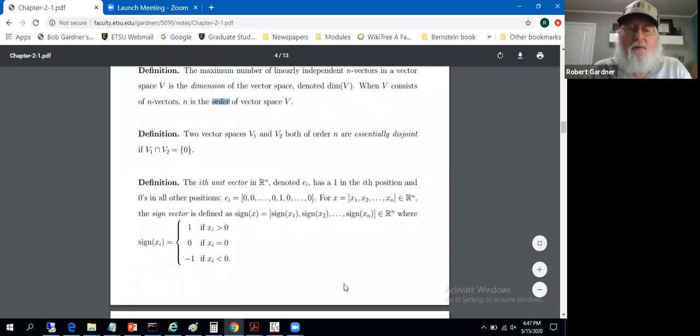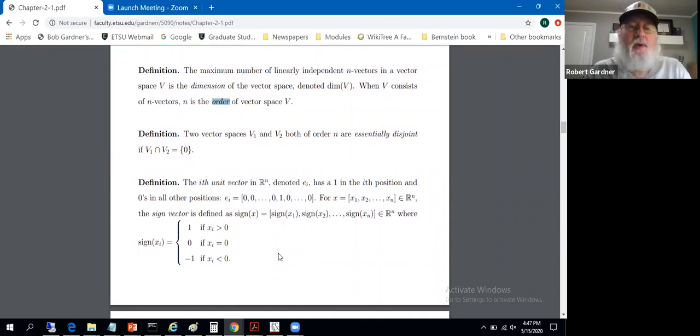Okay, I'm going to get a little more vocabulary, a pile of vocabulary in this first section. Two vector spaces, V1 and V2, both of order n. So they're both subspaces of Rn. Using some lingo maybe familiar to you from the past, they're said to be essentially disjoint if their intersection is the 0 vector. That must be the 0 vector in Rn. Every vector space contains the 0 vector.